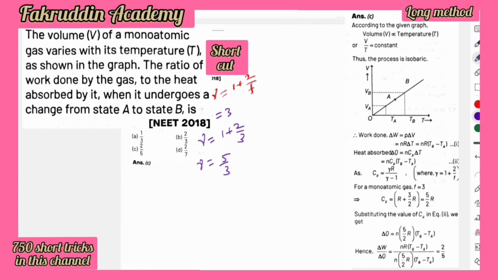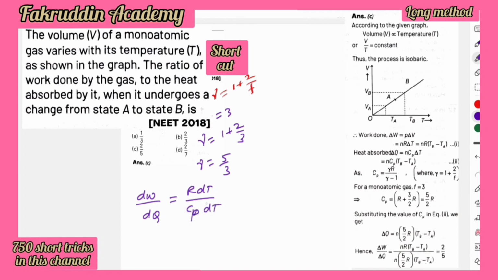So we got the value of gamma here, but he's asking us to find out the ratio. What is the ratio here? Ratio of work done to that of heat energy, heat absorbed. You know, work done can be taken as R dT and dQ can be taken as Cp dT.